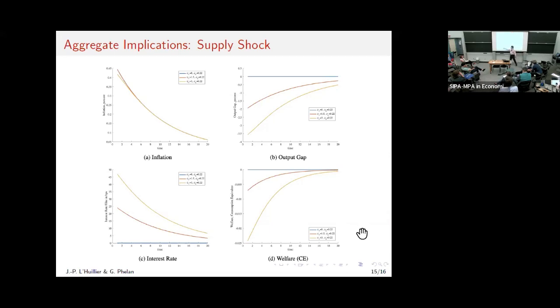If the central bank doesn't do anything, there's no output gap, and so there's no welfare loss. Instead, if the central bank increases the interest rate to mitigate rising inflation, with a flat Phillips curve it is not very effective in bringing down inflation, and it generates a negative output gap. So it hurts welfare. As you can see, in this model of shock dependence there's no price dispersion when inflation rises after a supply shock. It's a very different prediction.